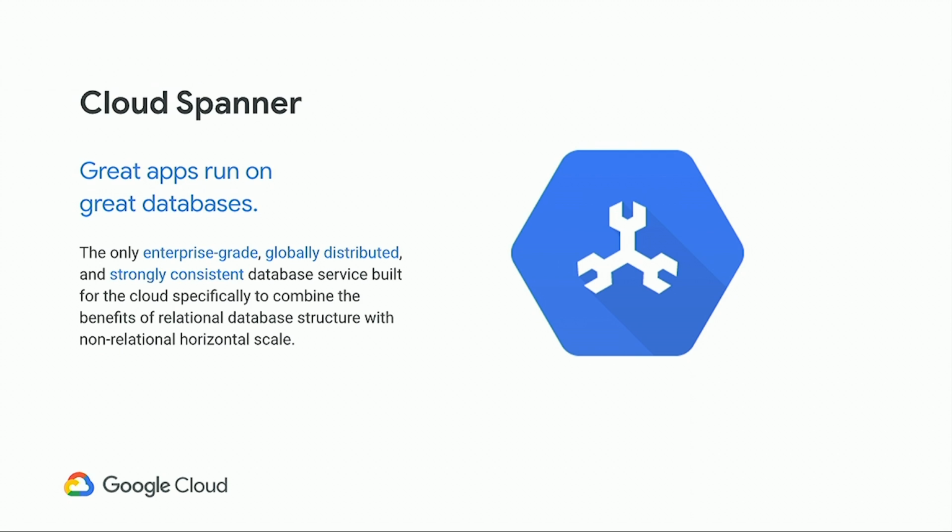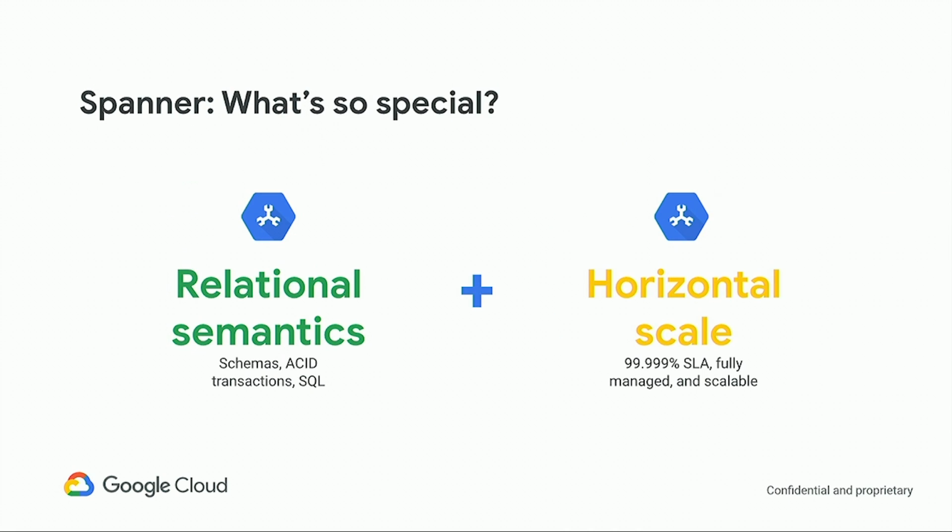And we talk about it as the only enterprise-grade, globally distributed, and strongly consistent database service, which is built specifically for the cloud, right? And what does that really mean? It means that this database service combines the benefit of relational semantics with the traditionally NoSQL horizontal scale.